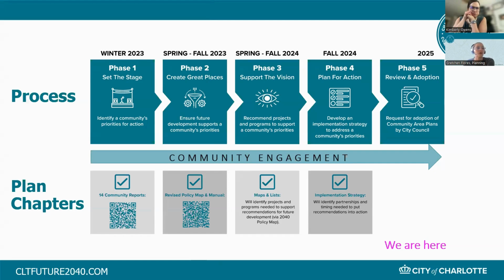Are the uses where they should be on the map? And if not, how should that change? We found through that effort that the map was largely accurate, and there was really only a 6% change in the mapping effort that needed to be addressed through the community area planning process.